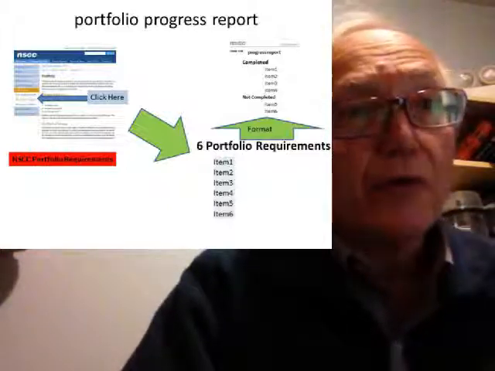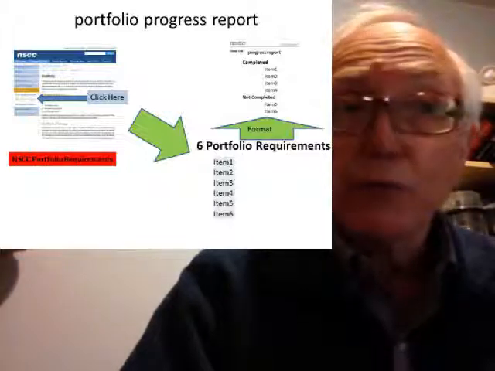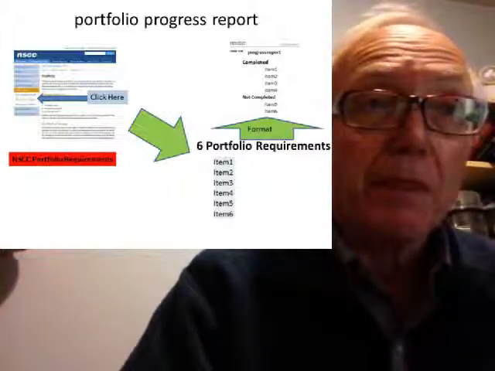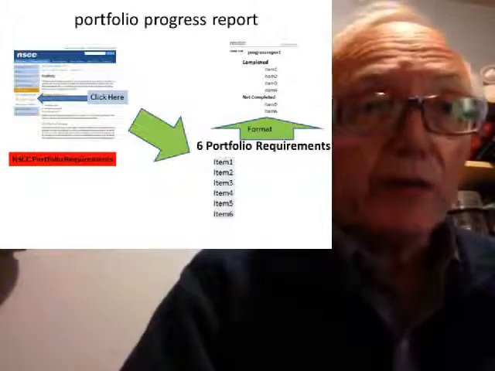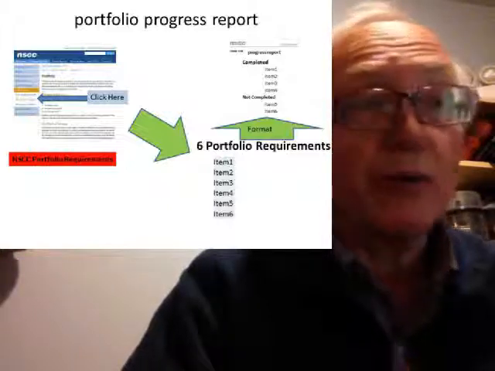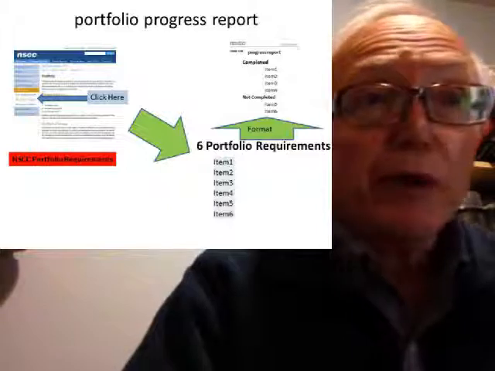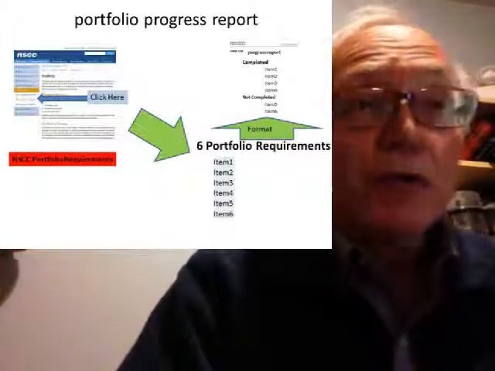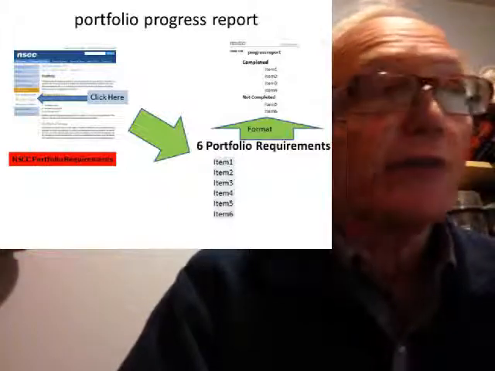Of course, you know, the communications course is about 3 things: reading, research, and writing. By going to the website, you're going to have to read the instructions, and that's the research that will bring you the 6 portfolio requirements. In the upper right hand corner of the graphic, you can see how you're going to report the information that you retrieve.